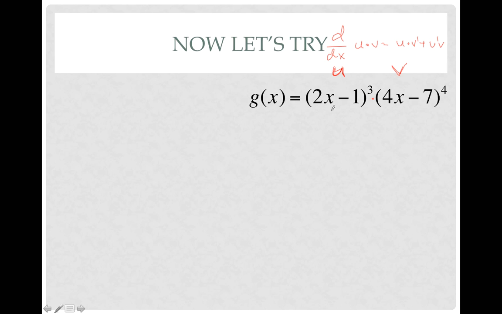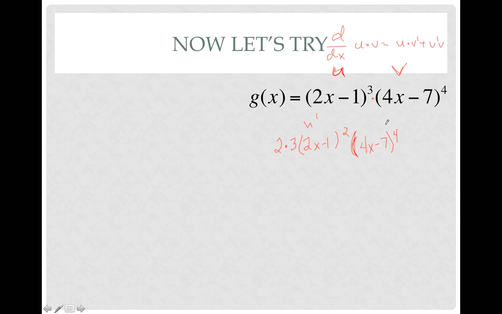So I need the derivative of the first function or the second function, whichever one you want to go for. The derivative of the first function is the derivative of the inside times the derivative of the outside, which is the inside being 2x minus 1, times the second function, 4x minus 7 to the 4th. So that's u prime times v.